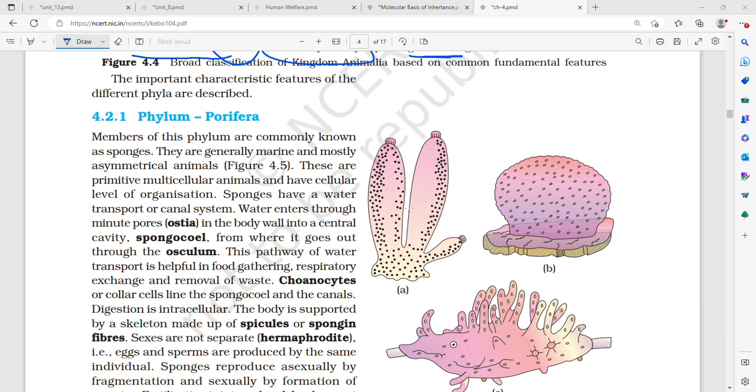Schizocoelomates are developed by splitting up of mesoderm, and they are found in Annelida, Arthropoda, and Mollusca.